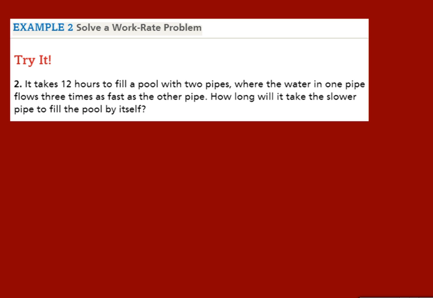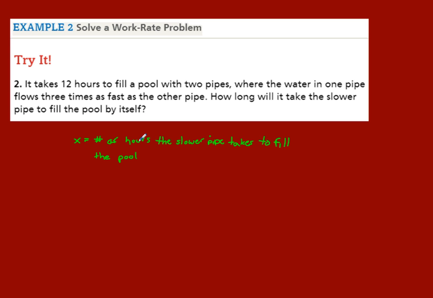All right, so we're going to let x be the number of hours the slower pipe takes to fill the pool.